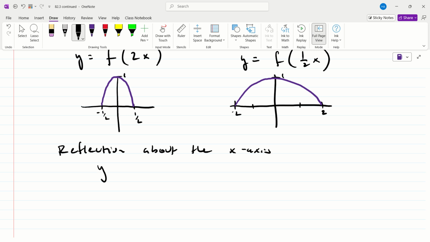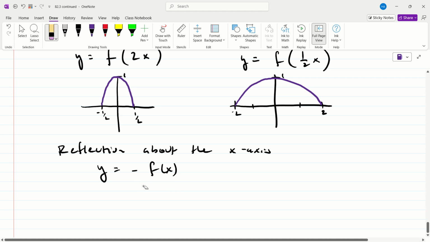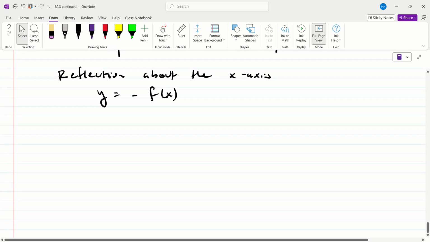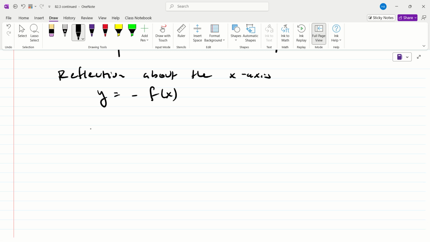If you have a function and you create a new function by taking your original function and multiplying it by -1, you get a reflection about the x-axis. I think this one is going to sound kind of obvious. Suppose that I gave you the example -x². The graph of x² you're familiar with.